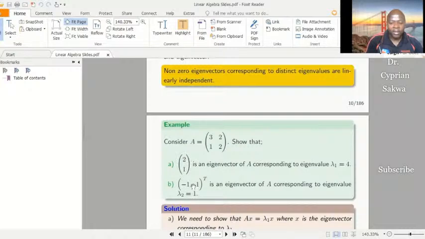And then we'll proceed with example B here, which says show that this negative 1, 1 is also an eigenvector of this matrix. Now look at how I've expressed this one slightly differently. You know what this means? This is a transpose, and you've learned that before. So when I write this, the transpose is the same as this vector here. So these mean the same thing.